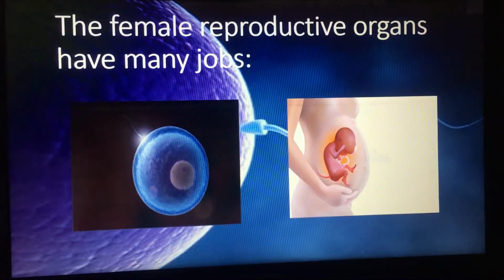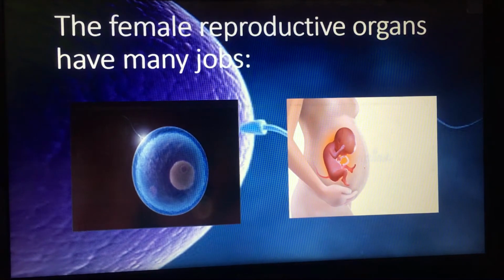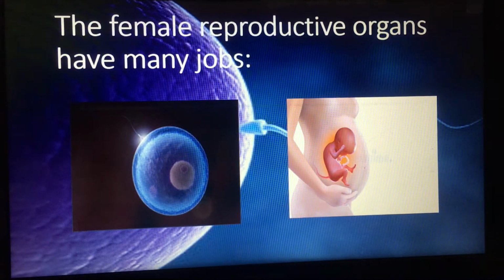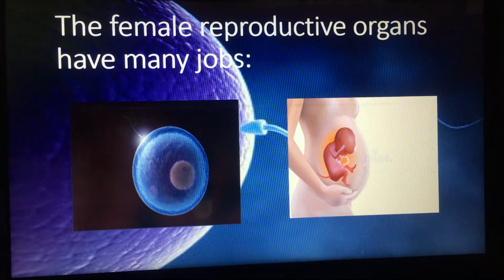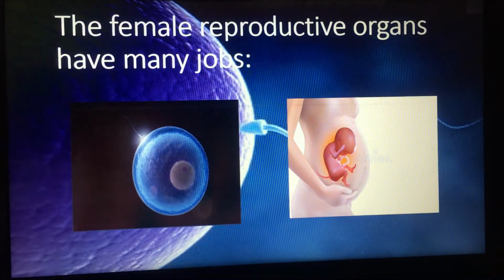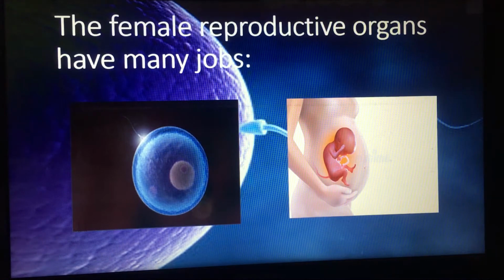Now we have to know that the female reproductive organs have many jobs. The main two jobs that we are going to mention: first, female reproductive organs produce the female sex cells, which are ova or eggs.